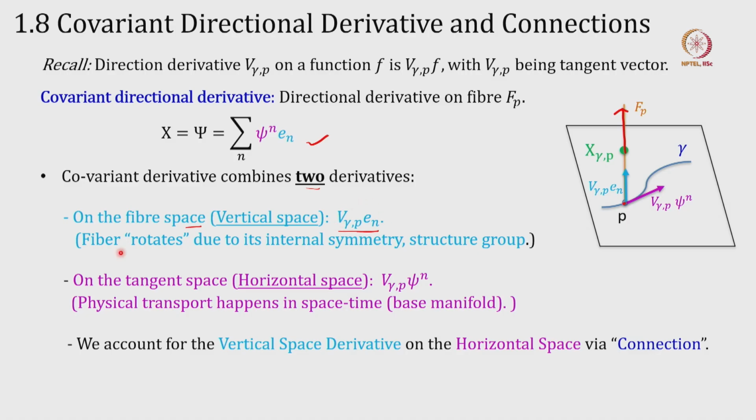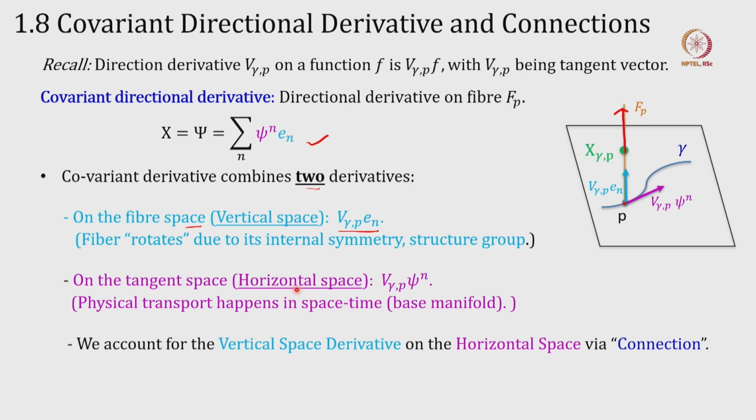It tracks how the fiber rotates, how the unit vectors are changing, how your coordinate system is changing as we go from one point to a nearby point, right, and how the basis states are changing. And they have changed because of the internal structure or the structure group, because the section that we have belongs to a structure group.